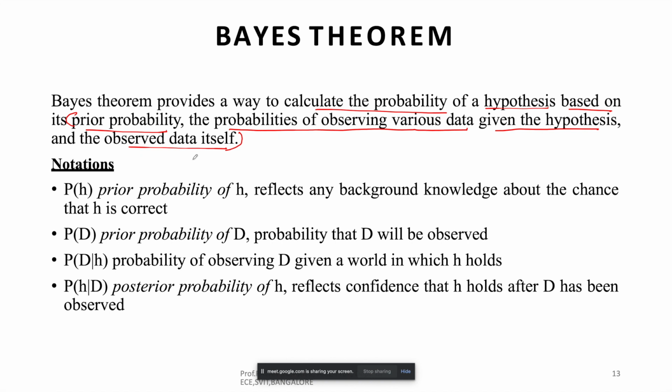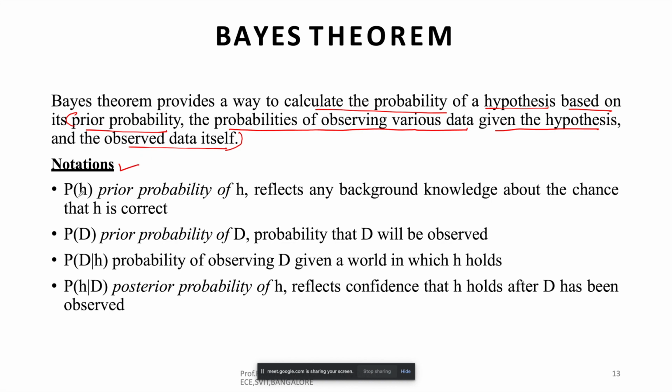Calculate the probability of the hypothesis based on the prior probability knowledge, and also the observed data itself. Okay, so this is the short definition of it. Then by using this, we have to know the notations.